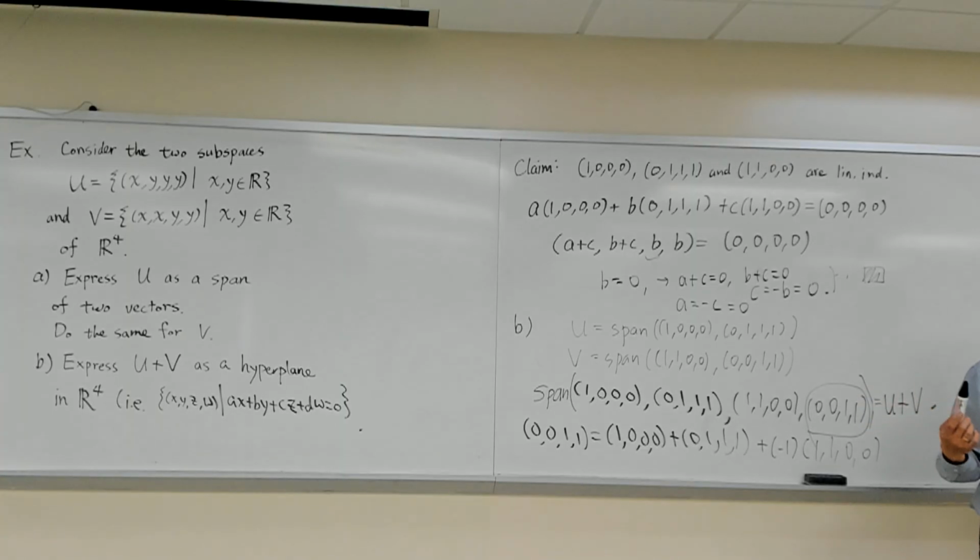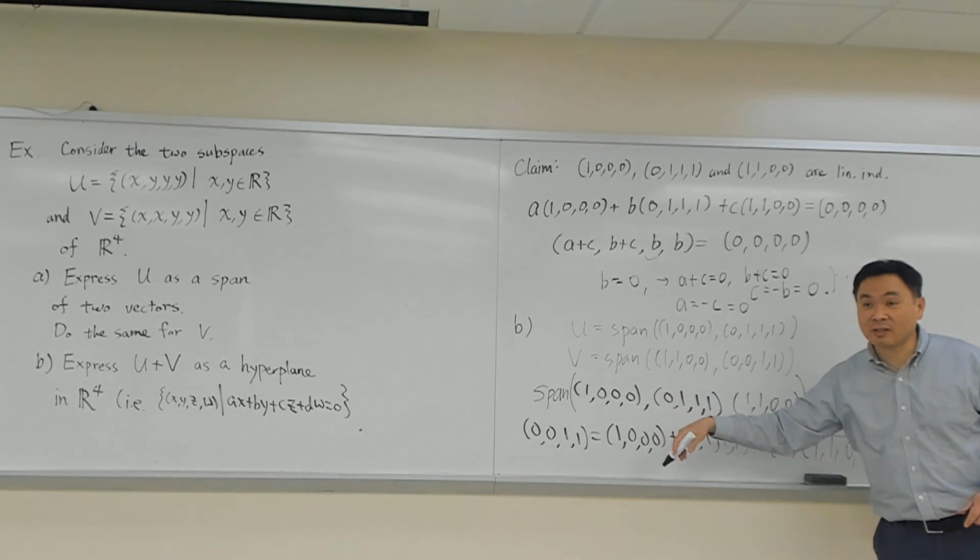Okay? So what did the linear dependence lemma say? If something is linearly dependent and it's in the span, then you can delete this, and this is the same as the span of just these three objects, right?